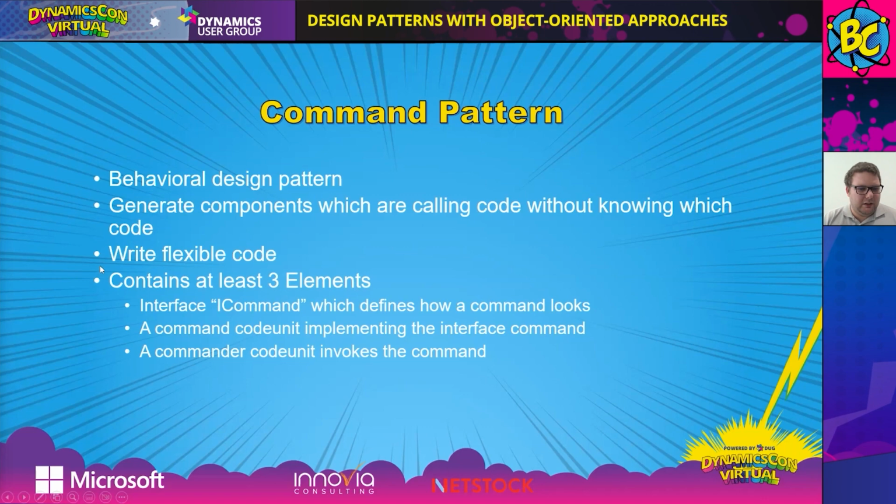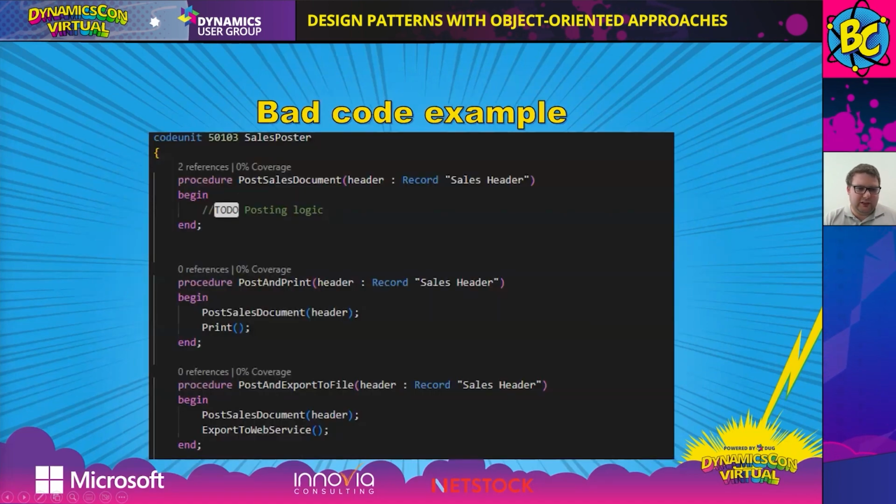You can also write more flexible code, and the pattern contains at least 3 elements. You have a command interface, a command code unit which implements the interface, and a commander code unit which is invoking the command.